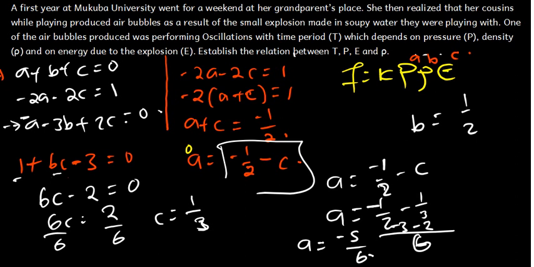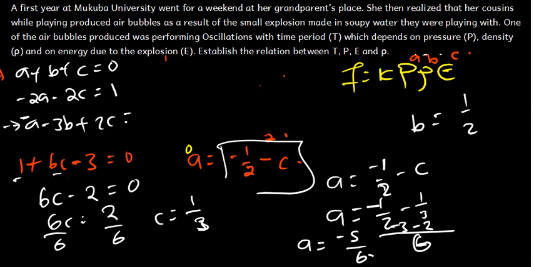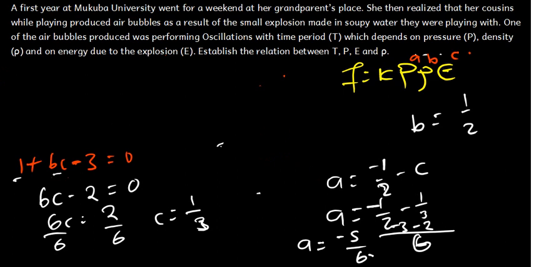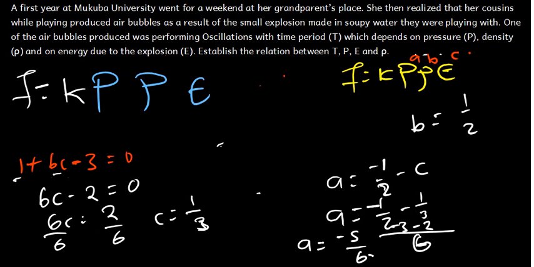So now we can plug in the values. The formula, we need to remember that our formula was F is equal to K, the constant, and then we have the pressure, the density, which is rho, times the energy. The value of A is negative 5 over 6.